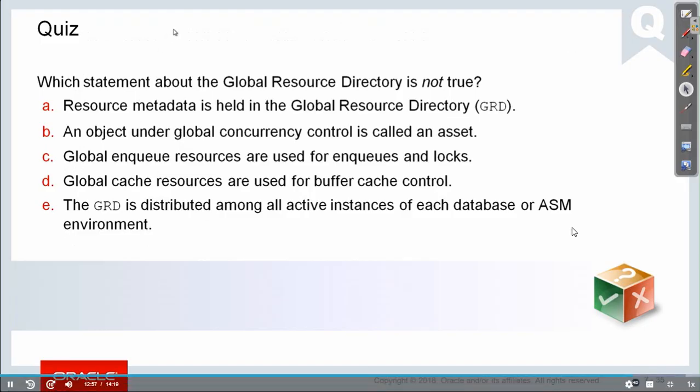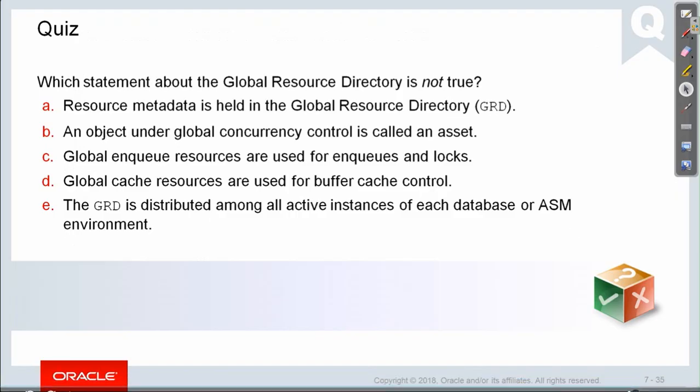Okay, so we have a quiz here. Which statement about the global resource directory is not true? A, global resource metadata is held in the global resource directory. Makes sense? B, an object under global concurrency control is called an asset. C, global enqueue resources are used for enqueues and instance locks.